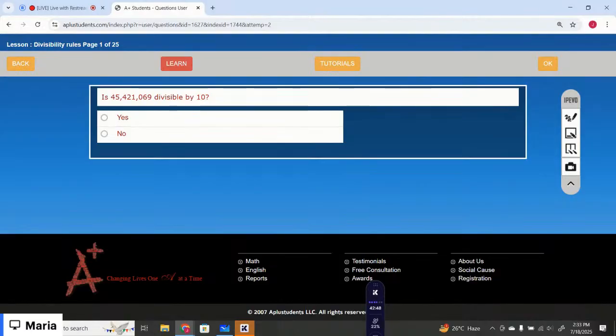Is 45,421,069 divisible by 10? So which is the correct option?